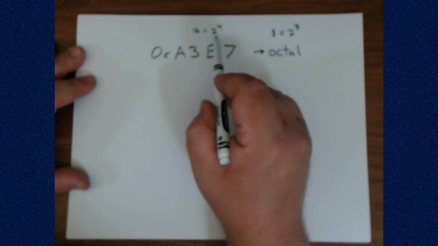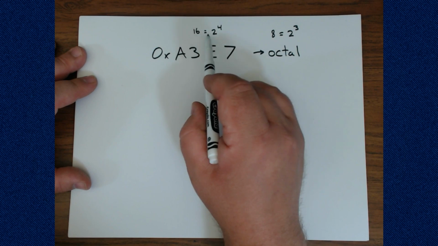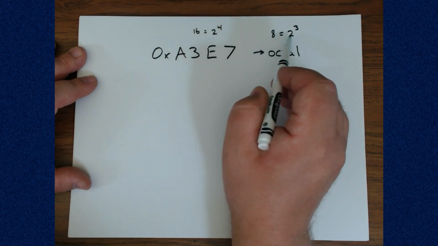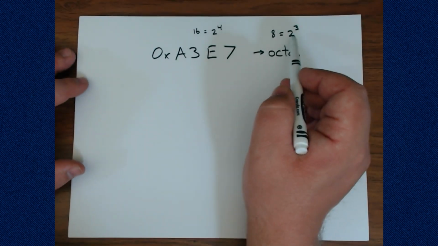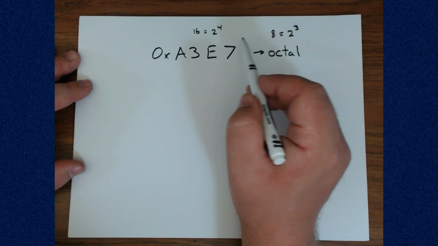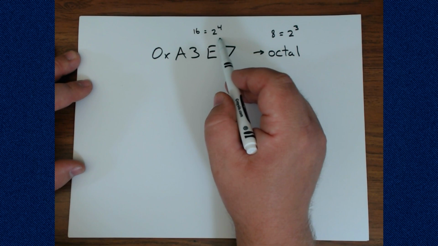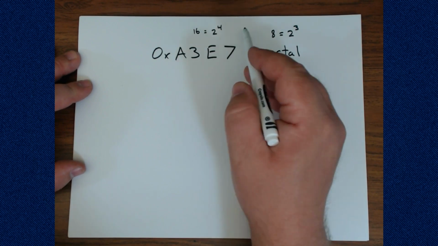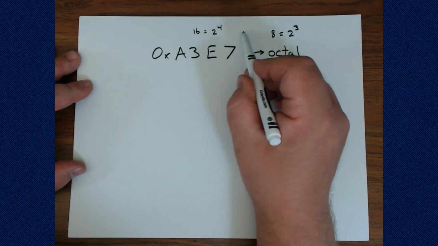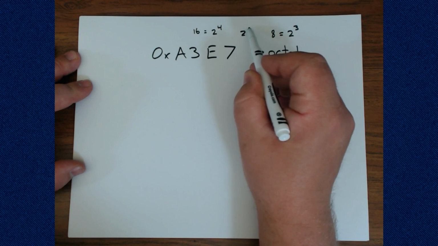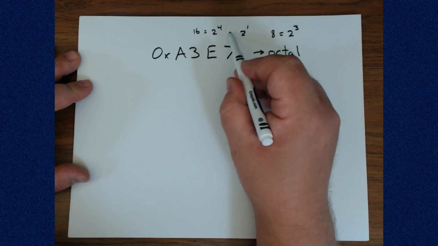So each of these two bases that we're working with have a common root, 2. As a side effect, that means that we'll be able to convert between the two using the common root. So what we're going to do is put in the middle of these the common root, which is 2 to the 1st power, or 2.